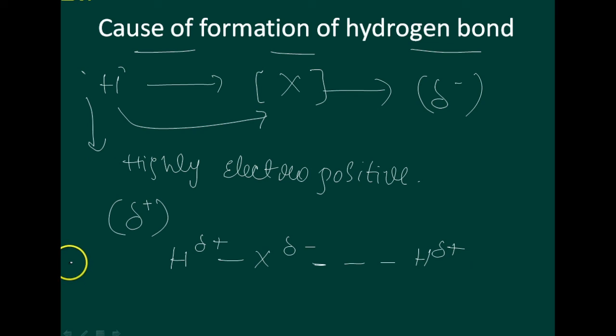Just note down here that the dotted line is the hydrogen bond, and the solid line represents the covalent bond.